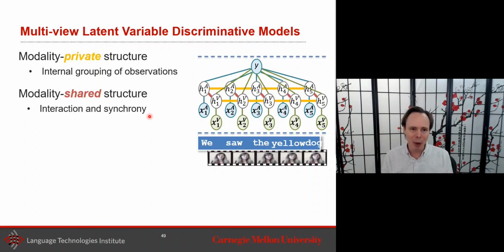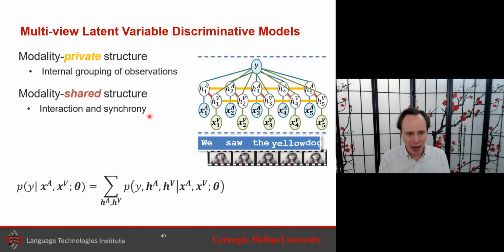And that's what's called a multi-view HCRF model, where your probability of y, that's what you want to model, probability of y given your xa and xv and your trained parameter theta.